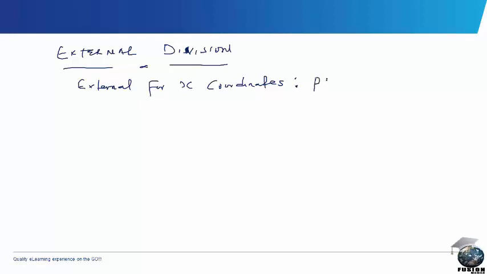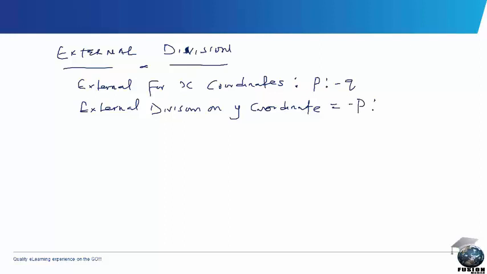The ratios are given as p is to minus q, and then the external division on the y coordinates, the ratios are given as minus p is to q.